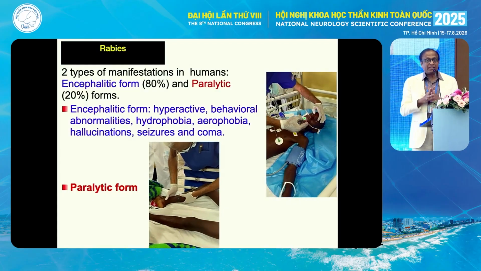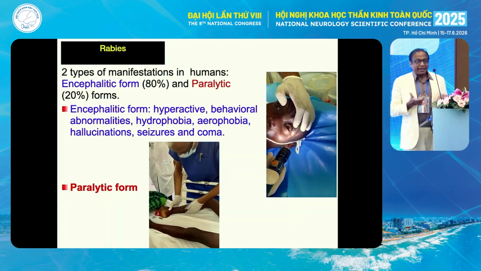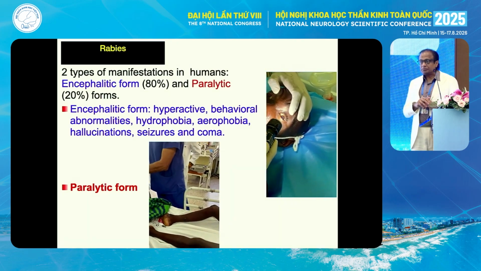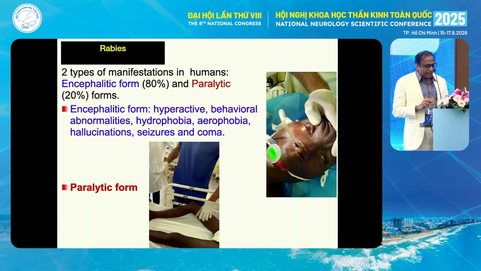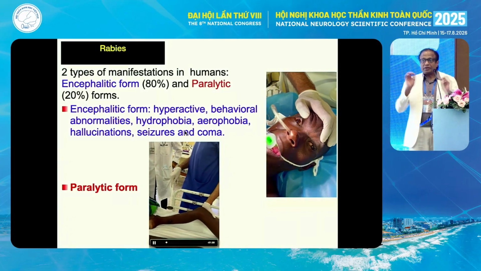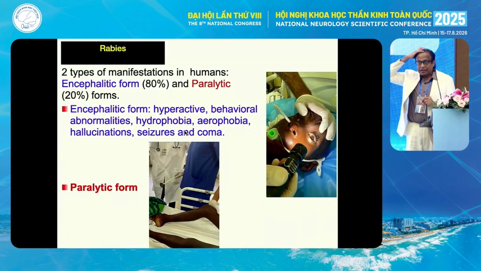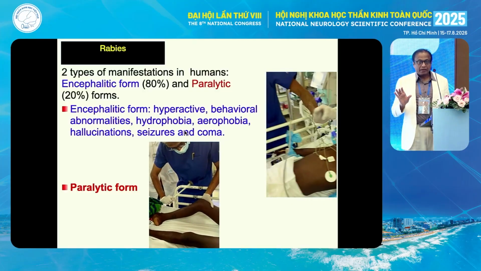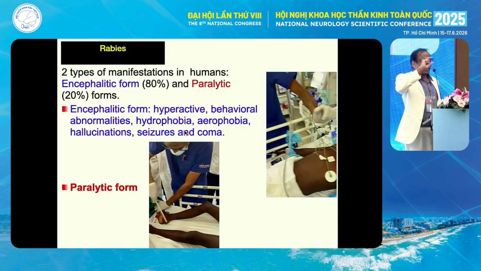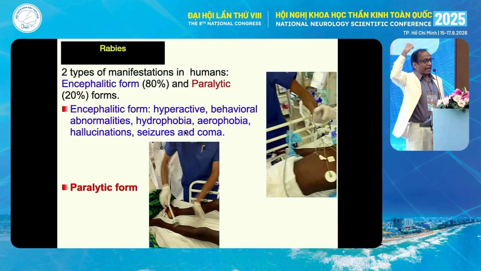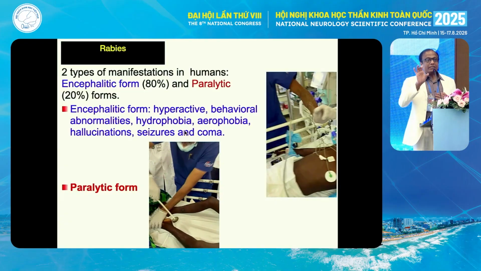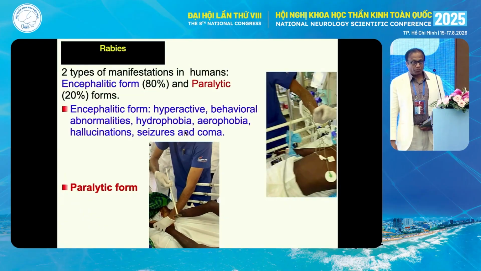So this is the first time I've seen a case of a pure paralytic form of rabies. Now, this patient that I saw in Ghana has got the classic form of rabies, which is encephalopathic. I think all of us are familiar with that. But this case told me that some patients, about 20% of rabies patients, before they get the encephalopathy, they come to you with ascending weakness, and this is known as the pure paralytic form.